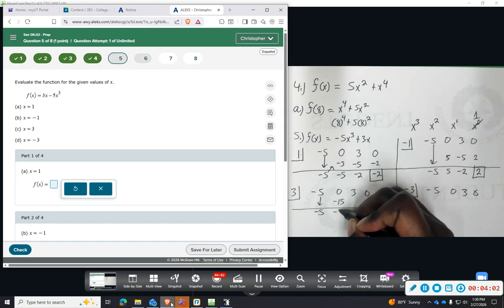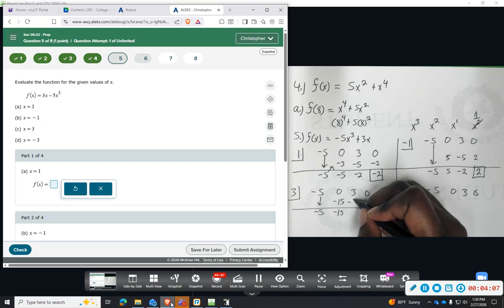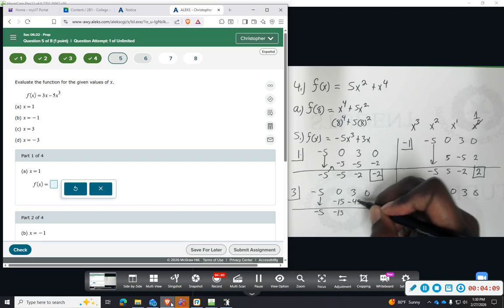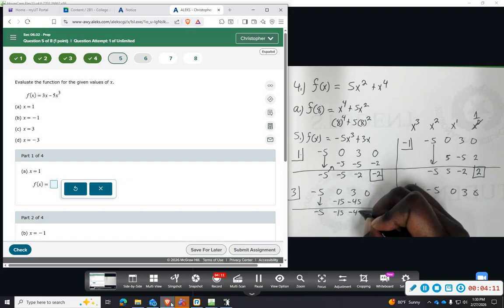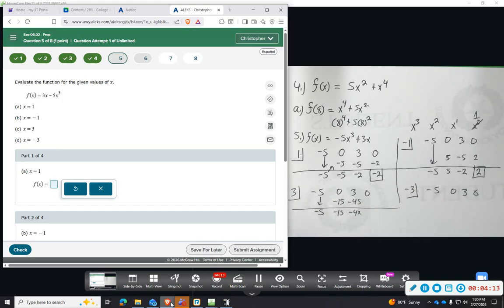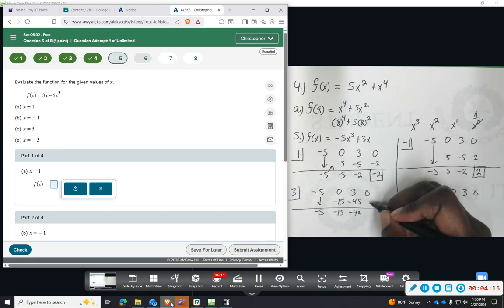Combine, we still got negative 15. 3 times negative 15, negative 45. Combine, and we get a negative 42. And 3 times negative 42 would be a negative 126. Combine, and we have a negative 126.